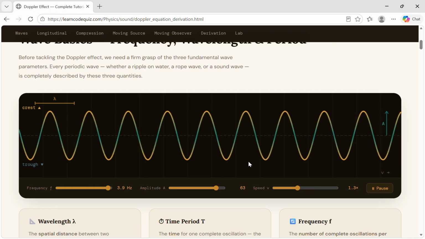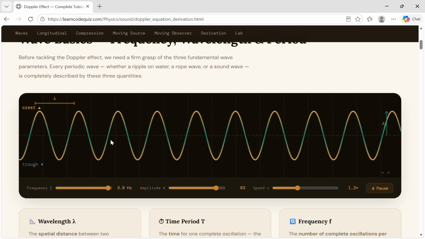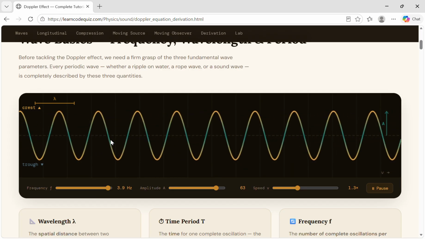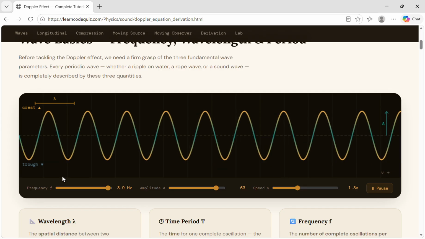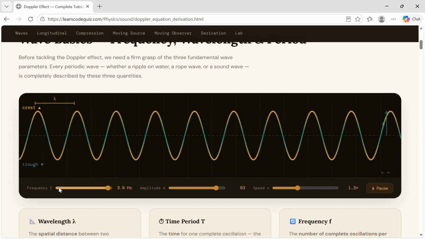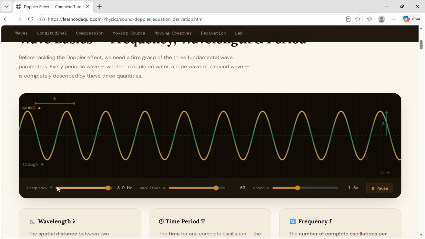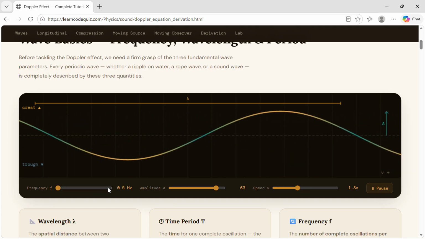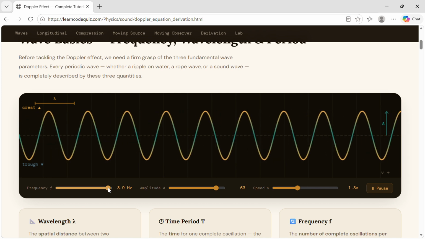Then comes the frequency. The number of waves you encounter per second is the frequency. If you decrease the frequency, you get fewer waves per second. If you increase the frequency, you get more waves per second.